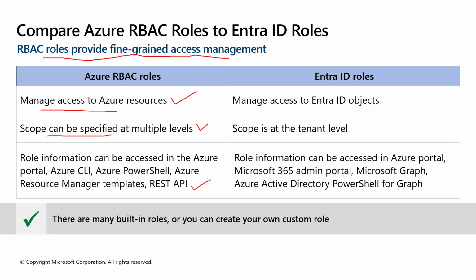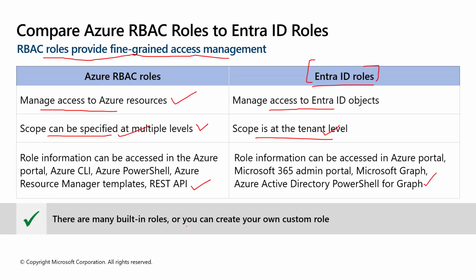But when it comes to AD roles, which we have seen last week, that's called Entra roles. An Entra role is specific to your Entra ID objects only, a global administrator at the tenant level, right? This is at the subscription level. This is at the tenant level, right? Role information can be accessed in the portal, your 365 admin portal, your Graph, and the Azure Active Directory.